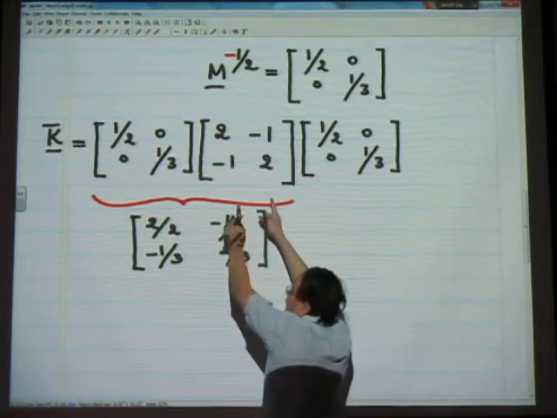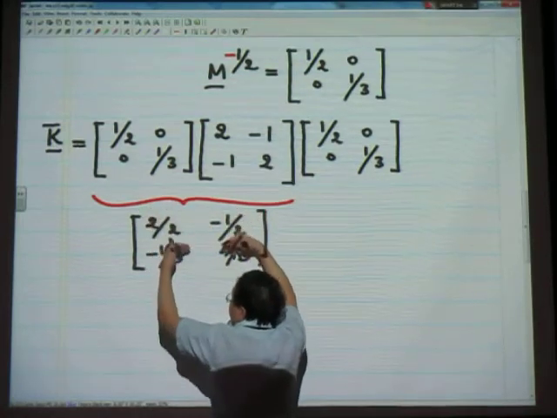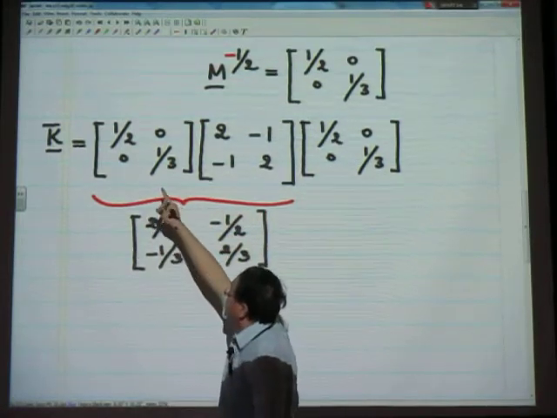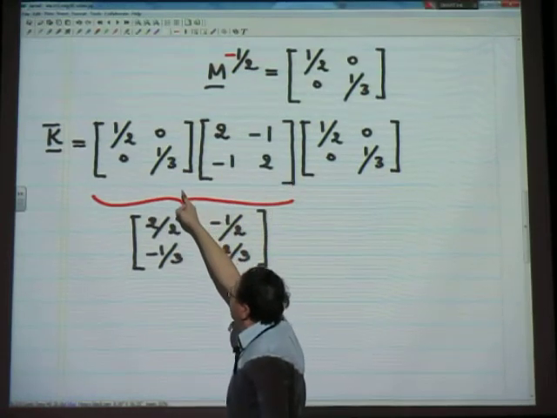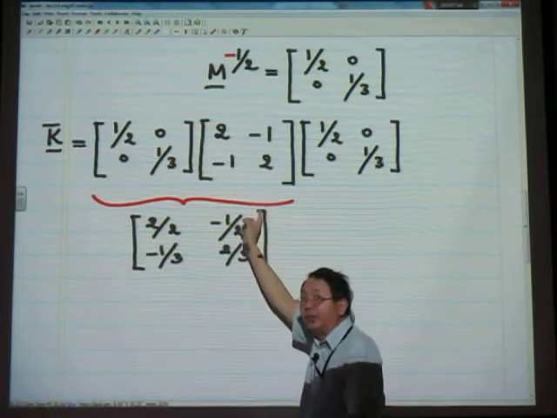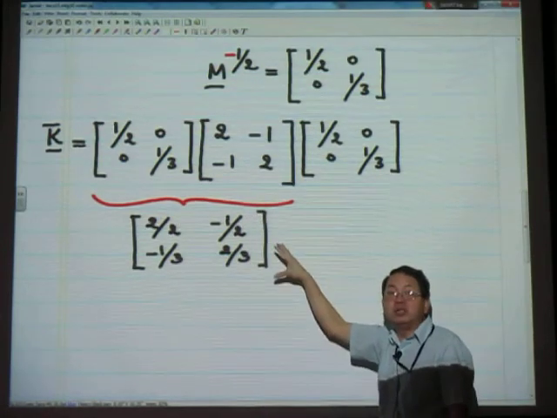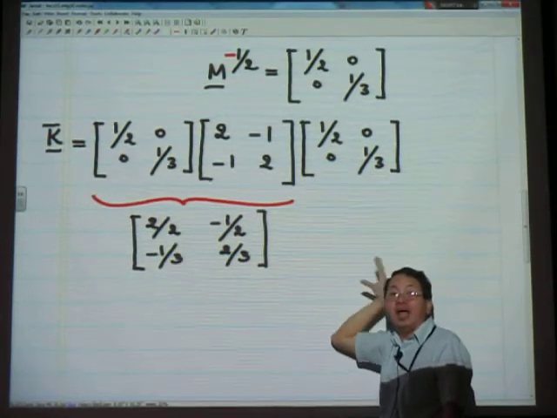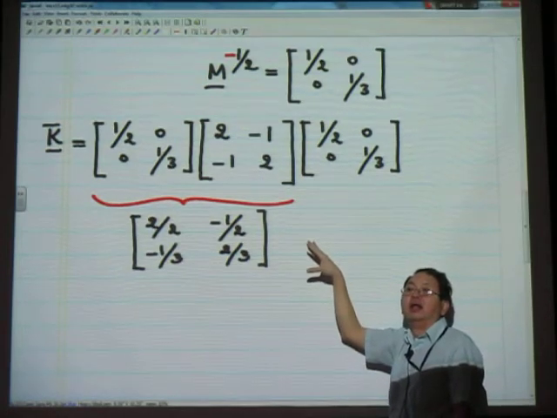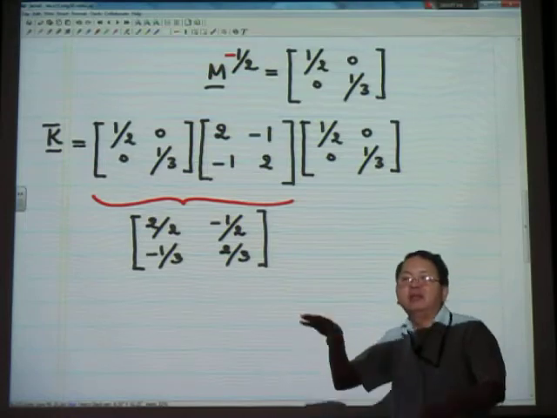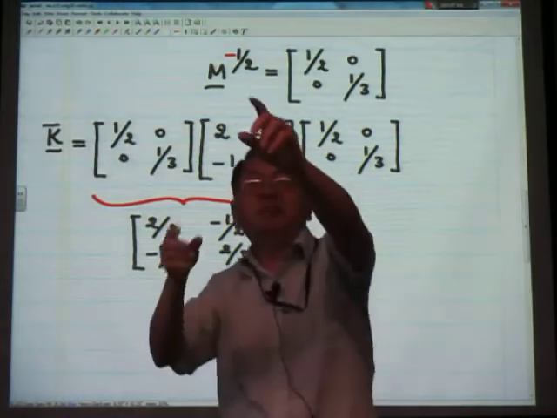If you pre-multiply a matrix by a diagonal matrix, the result is as if you take the first diagonal coefficient multiplied by the first row, and the second diagonal coefficient multiplied by the second row. Now, if you post-multiply, meaning if you multiply from behind, you do the opposite. It's a similar thing, you just come from the opposite direction.